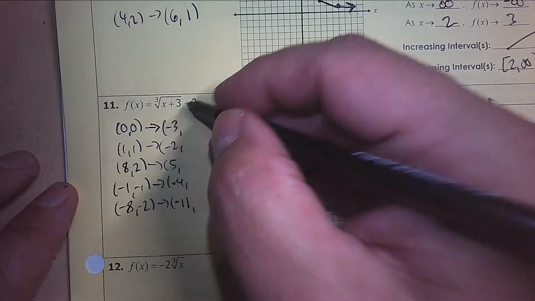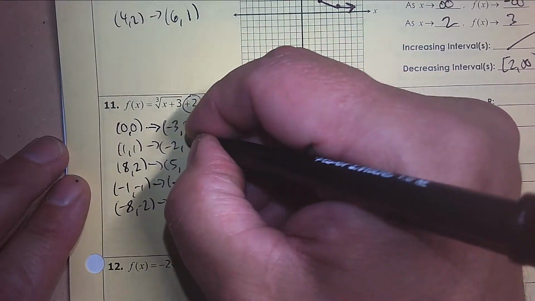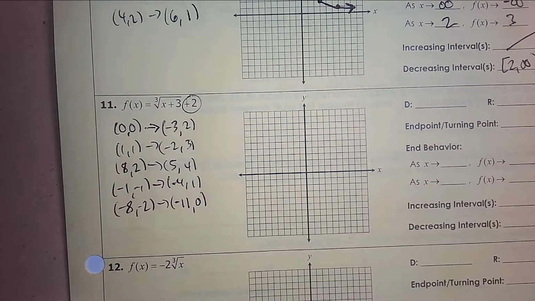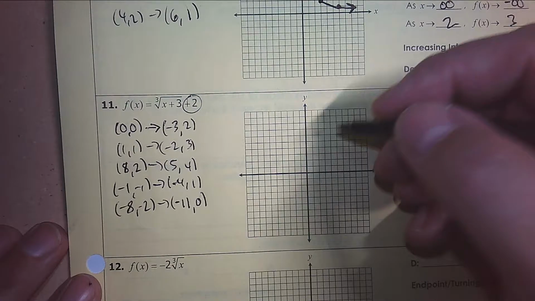What do I do with each y coordinate? Add 2, and it does what it says. Go to your graph.